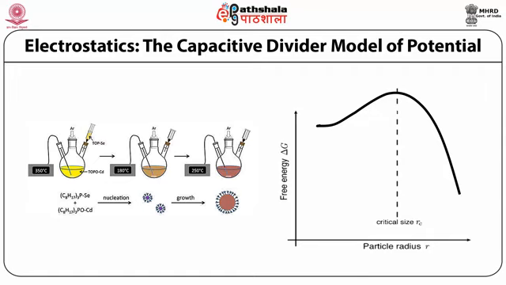In the case of small nuclei, the surface energy term dominates the free energy, whereas for a nanoparticle with a radius larger than Rc, the growth is driven by the gain in chemical potential, and the height of the nucleation barrier controls the rate at which the crystals nucleate.